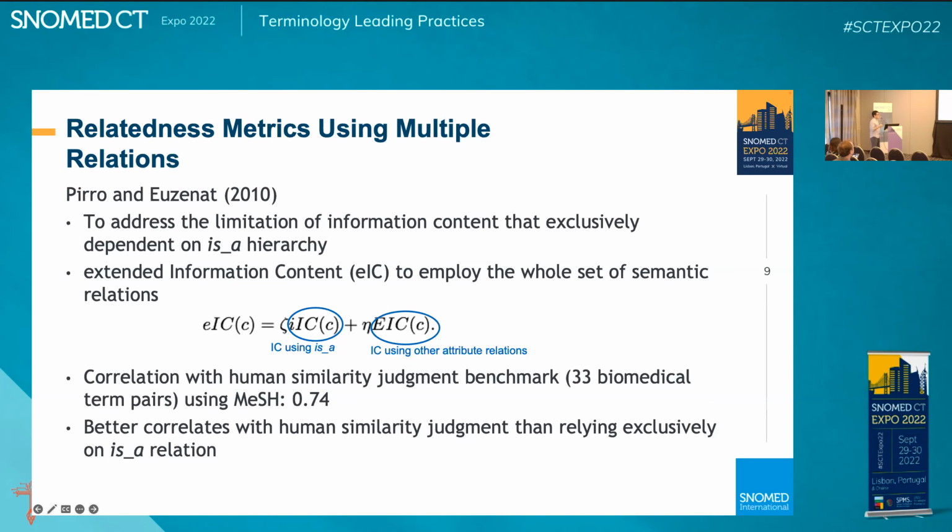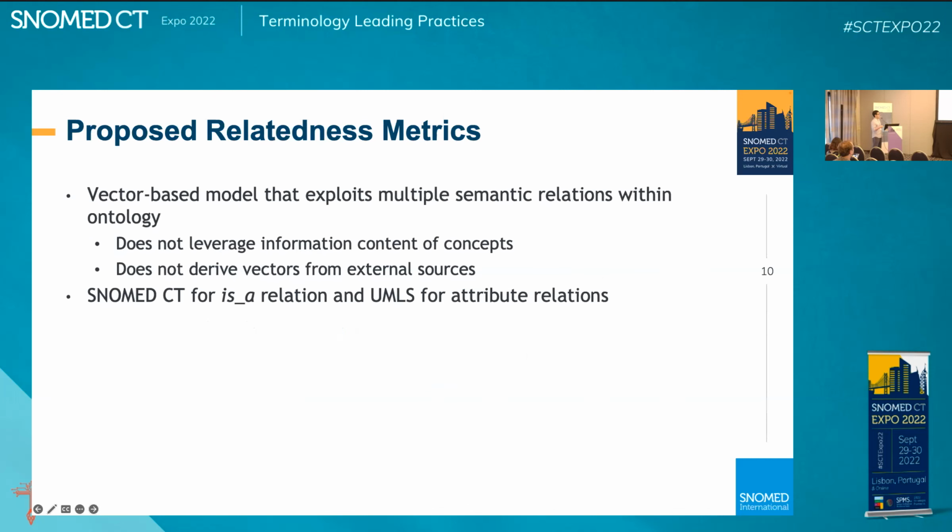The correlation with the human similarity judgment benchmark of 30 biomedical term pairs was 0.74 when MeSH was adopted as the working ontology. And they found that it better correlates with human similarity judgment than relying exclusively on IS-A relations.